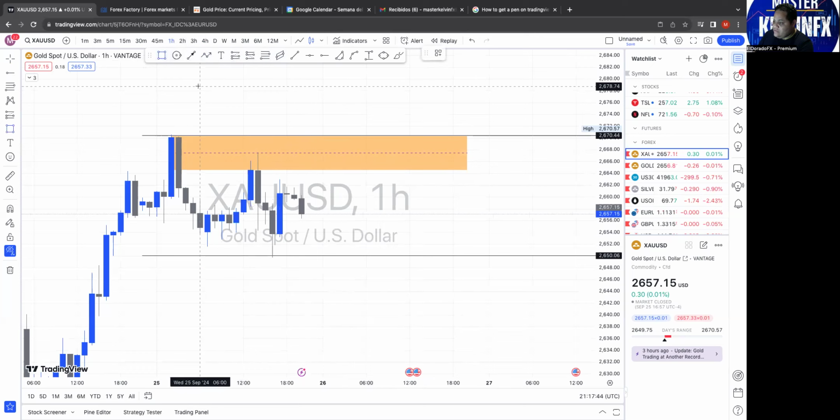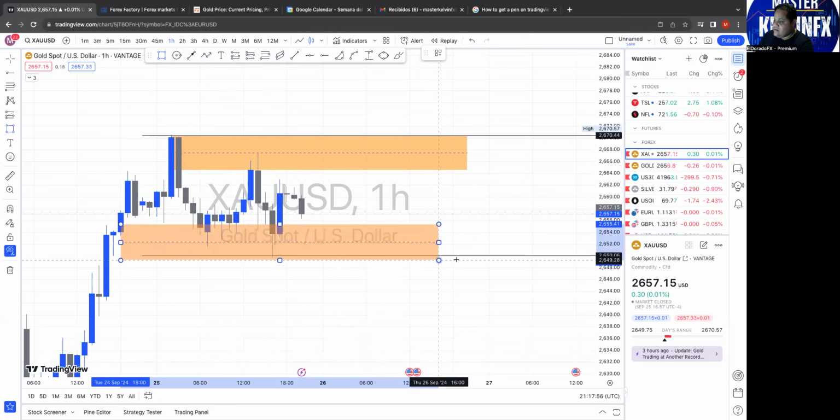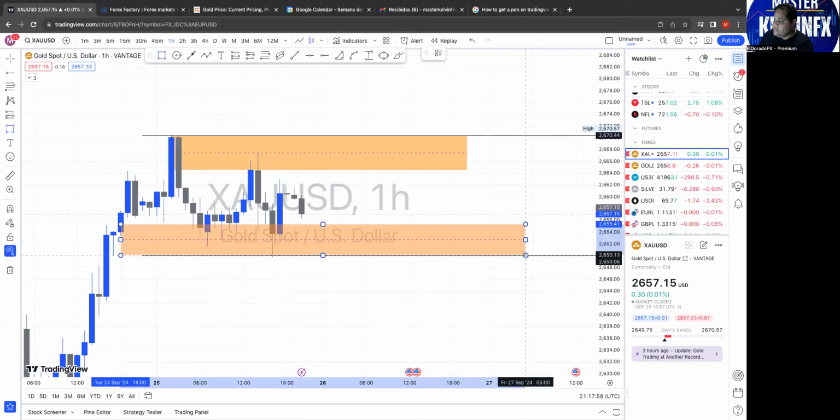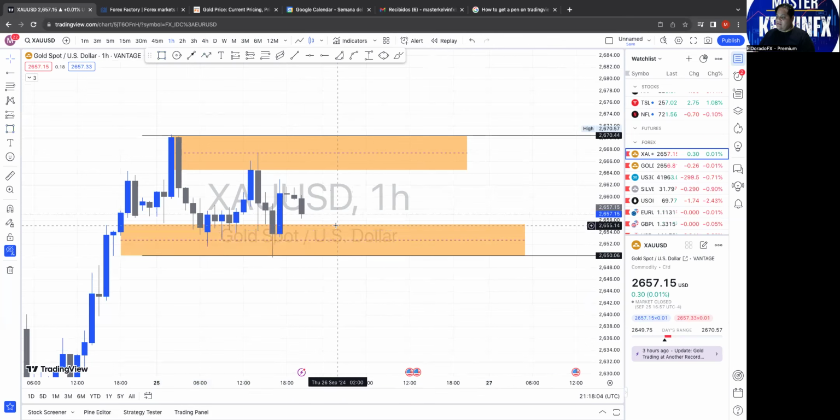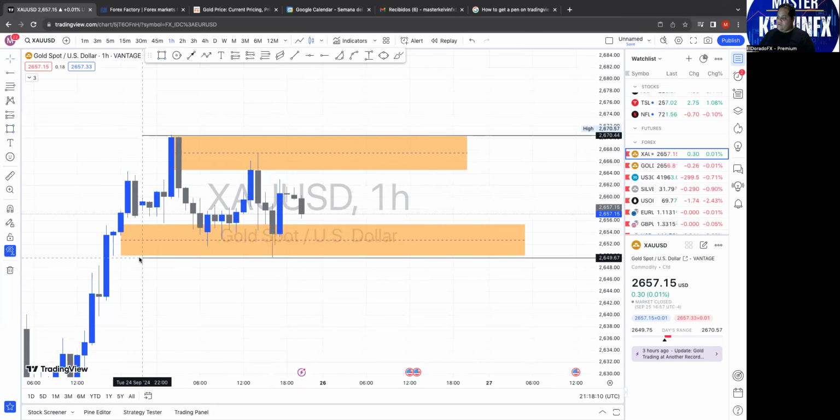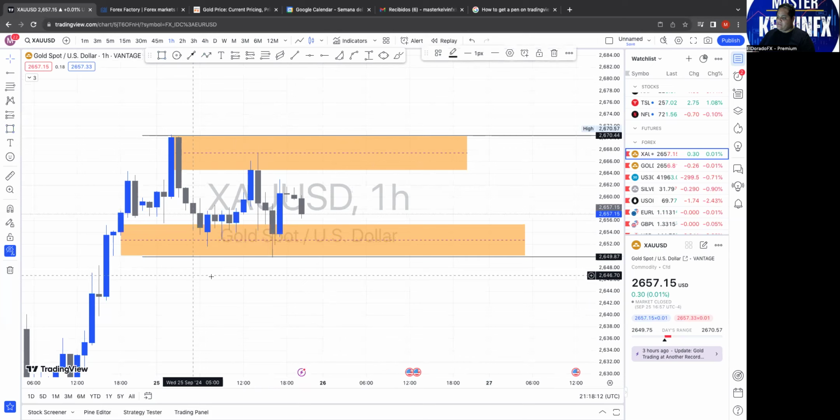Sometimes that means something: either the price is preparing to go further down, or the price might reject again from this area down here. So we're going to check confirmations if the price starts getting to this area, and try to see if we find rejection.